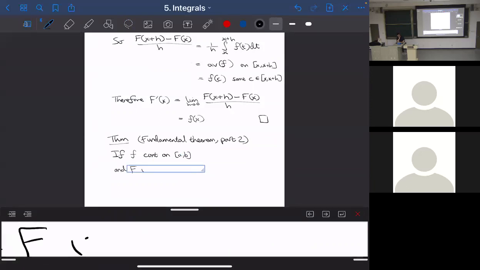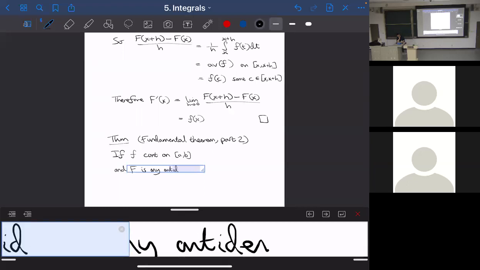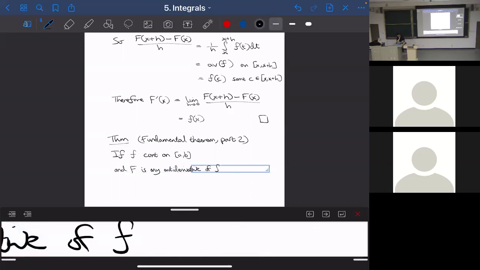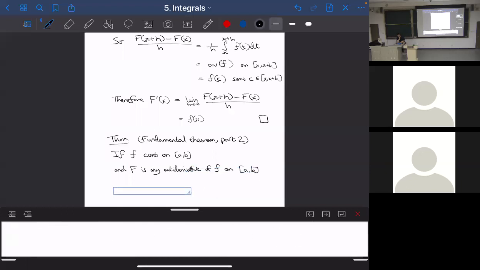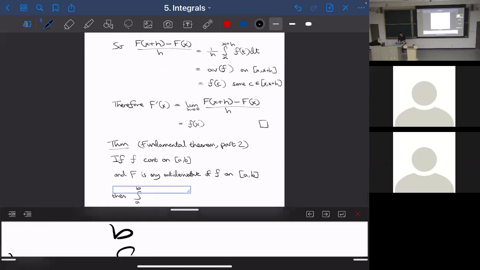Big F is any antiderivative of f on [a, b], then the definite integral from a to b of f of x is very easy to calculate.